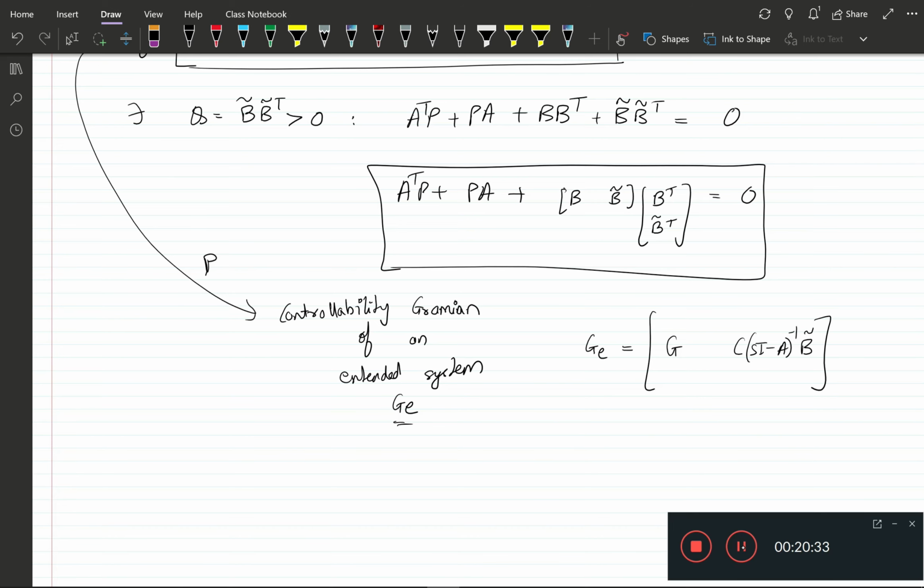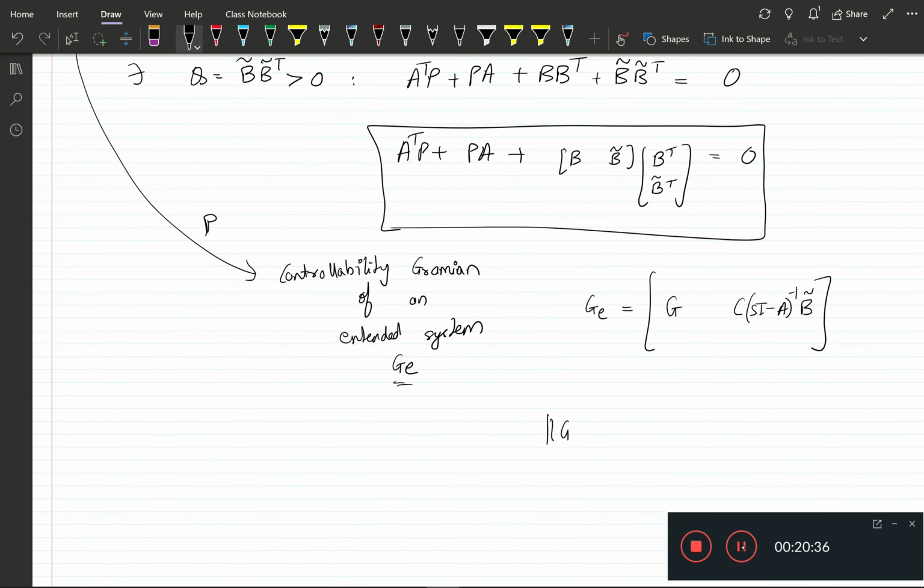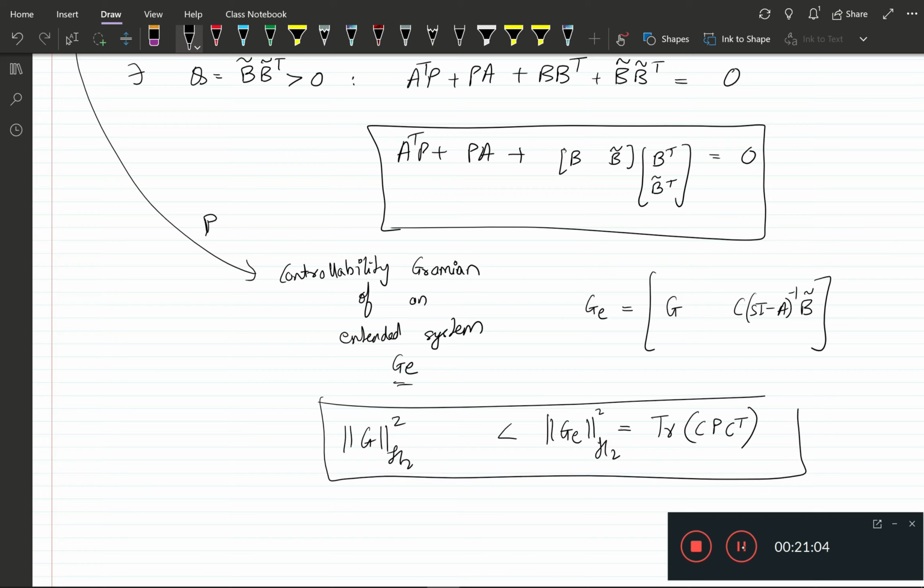Now you can show that the H2 norm squared of G_E, given by the trace of C P transposed, is greater than the H2 norm squared of G, because what you have in G_E is just an additional channel, and you can try to show this by using the definition.